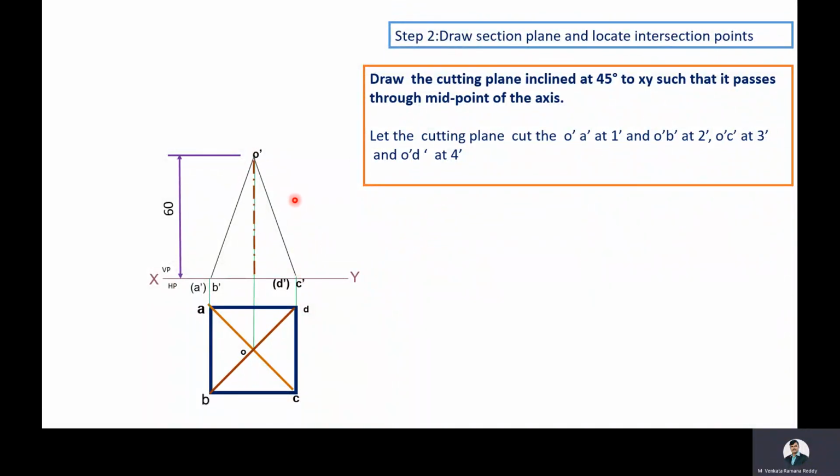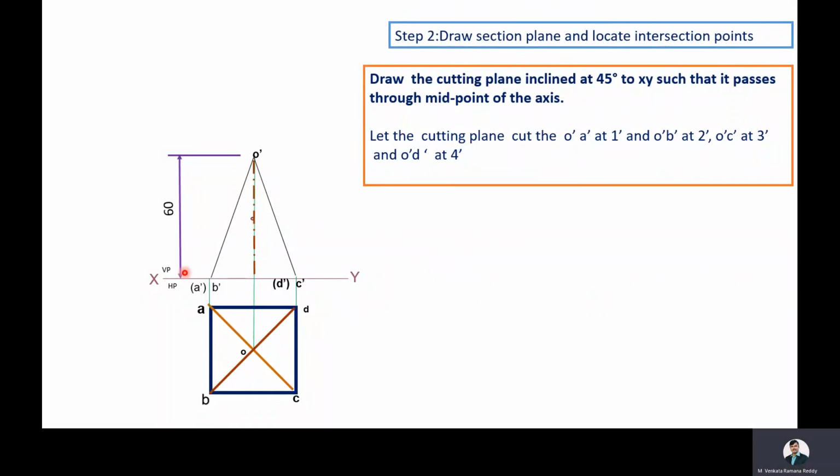Here, the section plane is passing through the midpoint of the axis and it is making an angle 45 degrees to the XY line. So, locate the midpoint of the axis. This is the midpoint of the axis. This point is at a distance 30 mm from the apex of a square pyramid in front view.